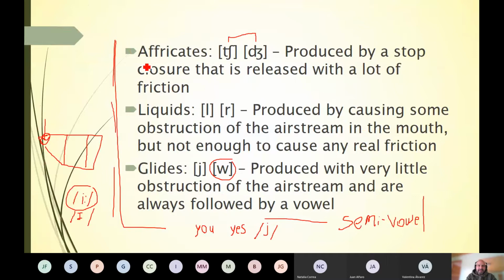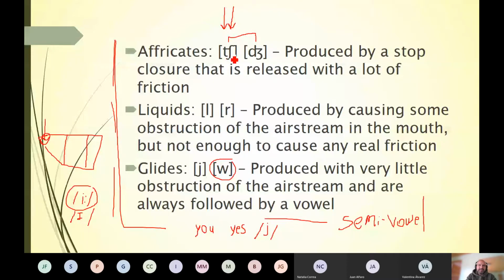Right? Now, in connection to the continuants, we have the fricatives, and then we have the affricates. The affricates are two sounds, ch and j, and when we produce these two affricate sounds, we basically produce a partial closure and then a sudden release or a gradual release of the airflow. It's like a combination of a plosive and a fricative, right?